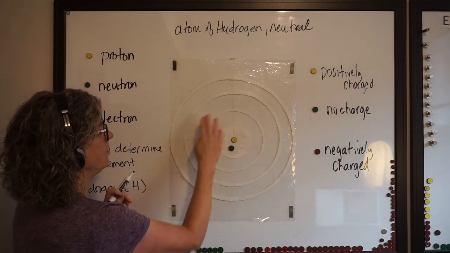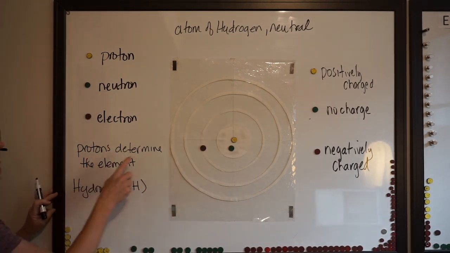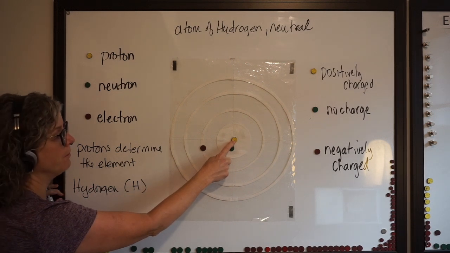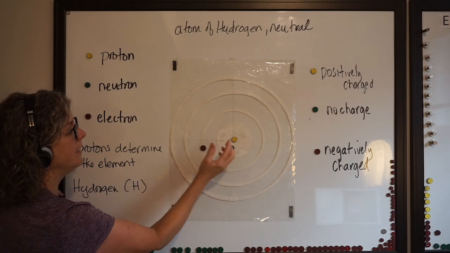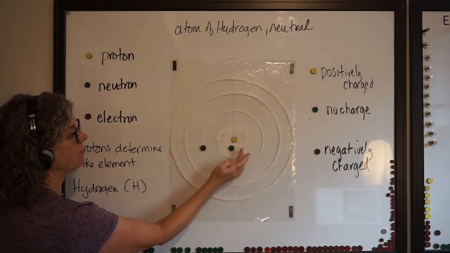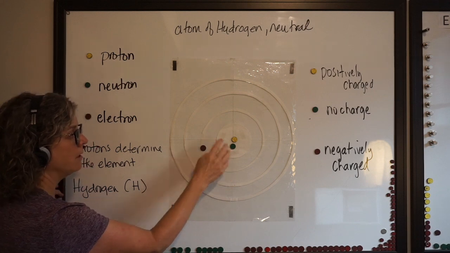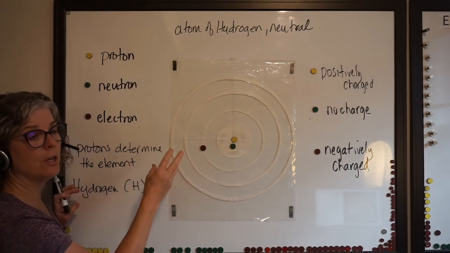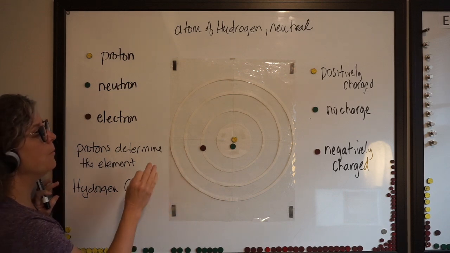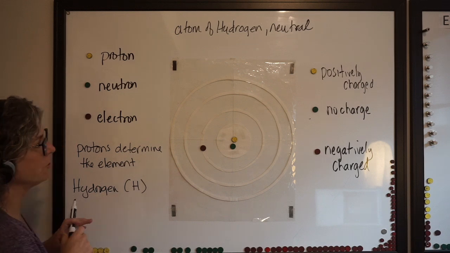Now, why is this still hydrogen? Because it is the protons that determine the element. It still has one proton, so that makes it hydrogen. It is neutral because it has one electron and one proton. We've added a neutron, and this makes it still a hydrogen, but a different type of hydrogen, and we call those isotopes.